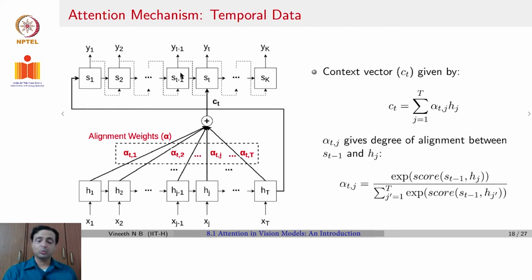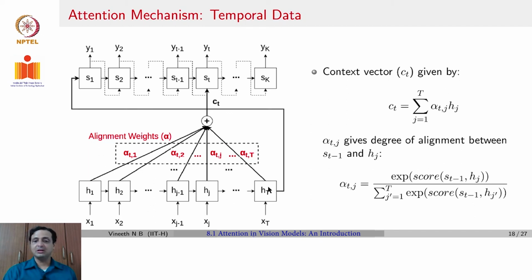So st minus 1 gives us a current context of the output. So we try to understand what is the alignment of the current context in the output with each of the inputs and accordingly pay attention to specific parts of the inputs.